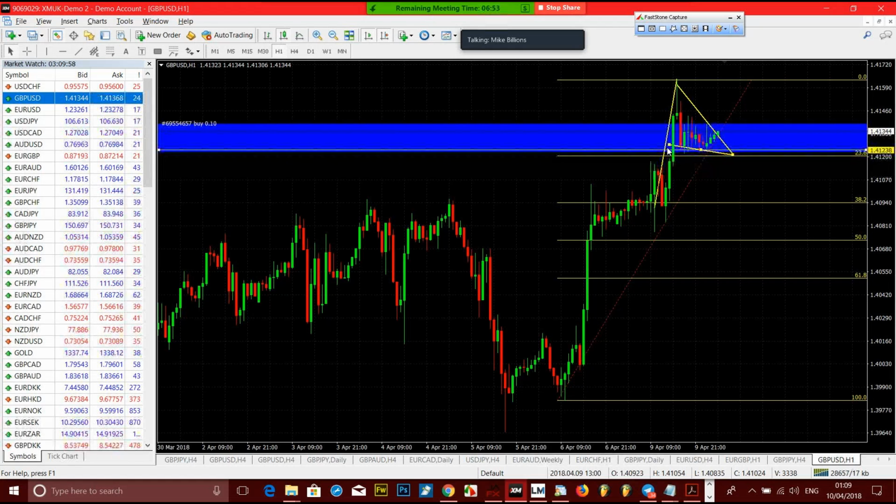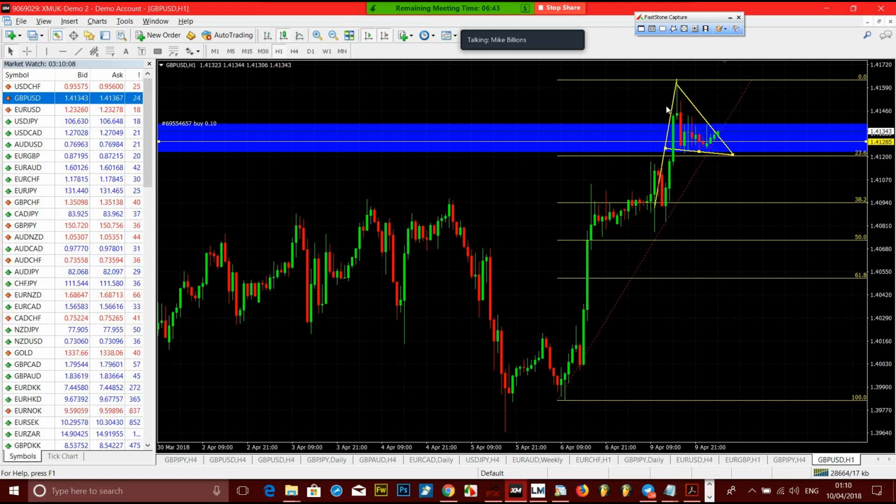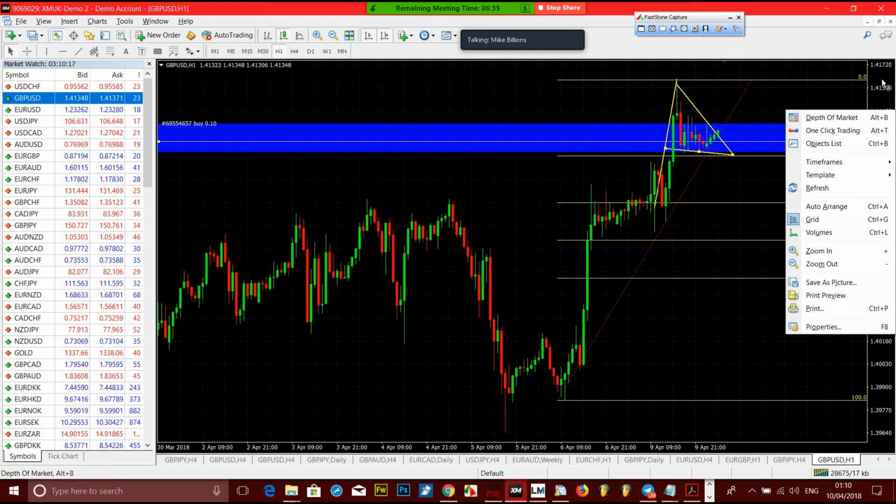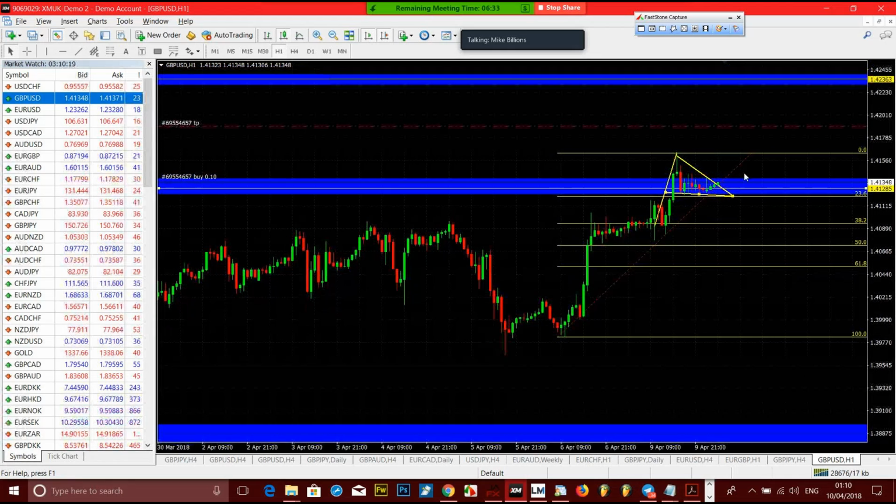Let me move my rectangle. So what I'm really waiting for is for this to break out of this blue zone. I know that it's breaking out of this line. It's all good, but I need to see it break out of that blue zone before I can confirm that, okay, I will take this to the upside.